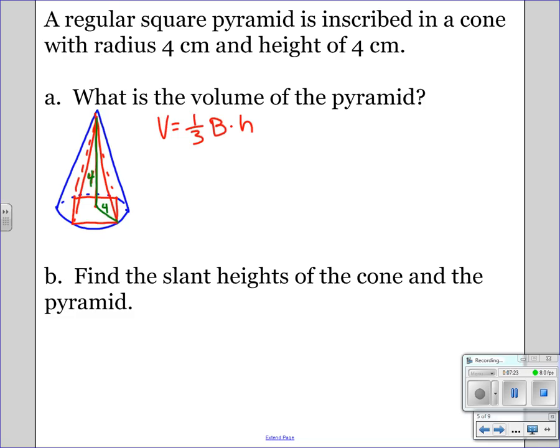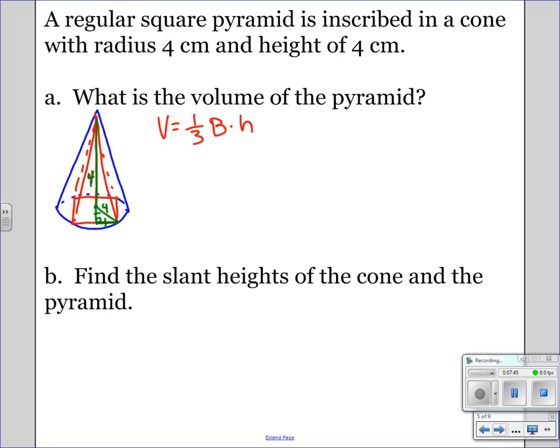So I need to figure out what one of the side lengths is. If I drop down the perpendicular from the center, perpendicular to the side, that's half the length. It is equal to half the length of the side of our square. Well, that's a 45, 45, 90 triangle.